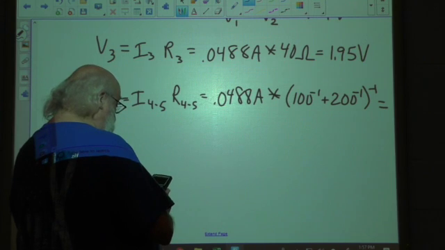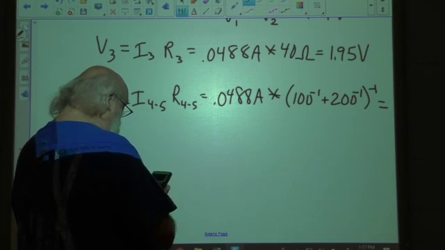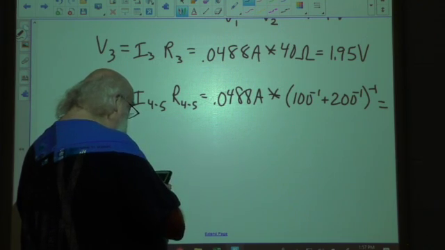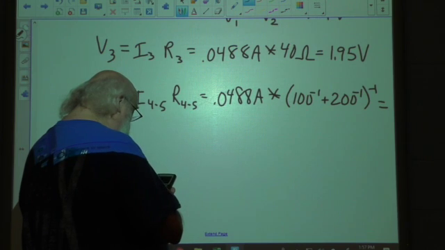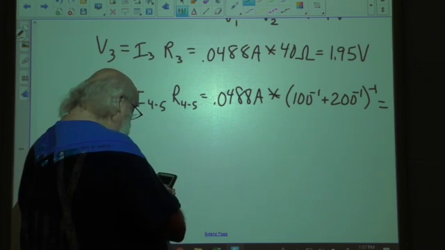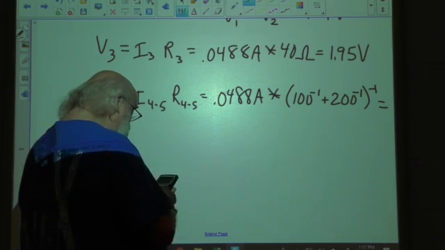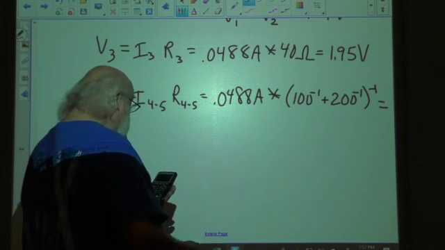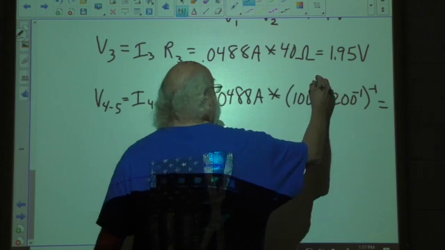So 100 to the negative 1 plus 200 to the negative 1, to the negative 1 power, and we get 66.7 for this.